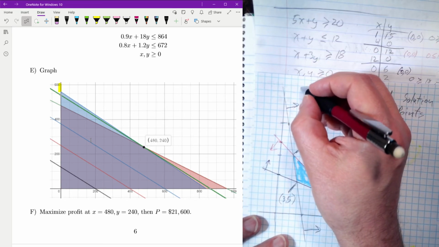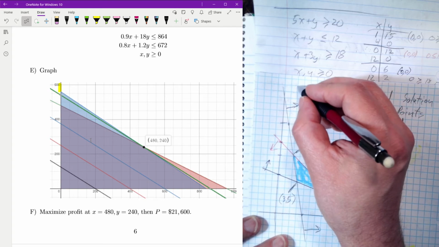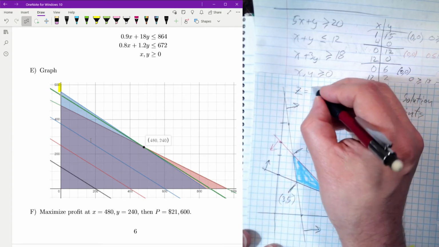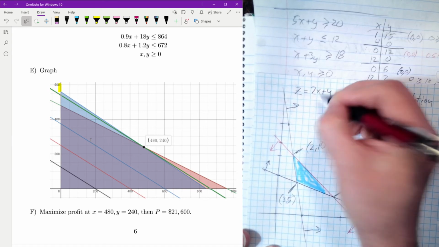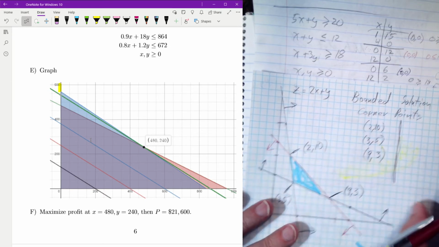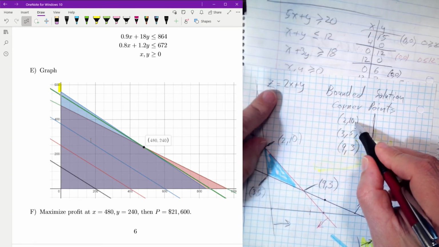So let's say that would be, in some cases, profit. So we want to maximize and minimize z equals 2x plus y. Okay. So in this case, we test at each point what the value is.